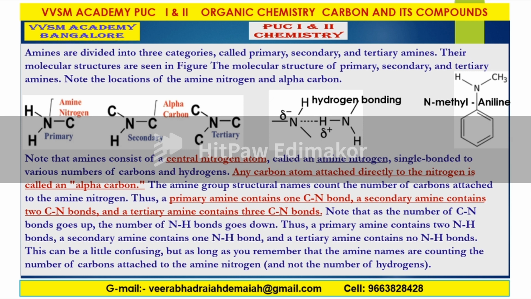Note that as the number of CN bonds goes up, the number of NH bonds goes down. If the CN bonds increase, the NH bonds automatically decrease because all the hydrogen atoms are replaceable. Thus, a primary amine contains two NH bonds, a secondary amine contains only one NH bond, and a tertiary amine contains no NH bonds at all.